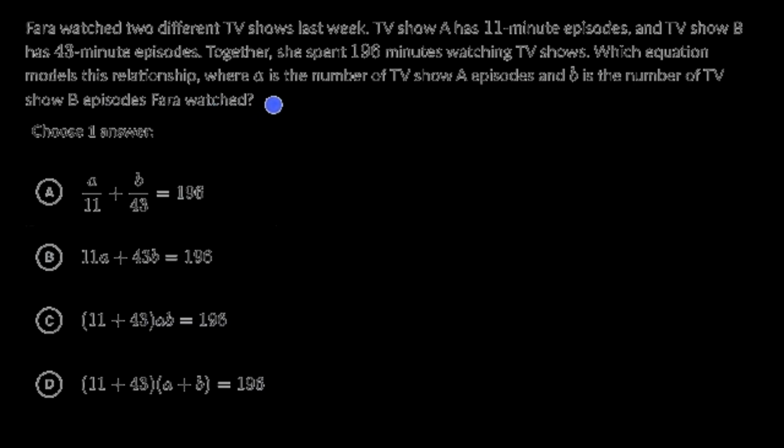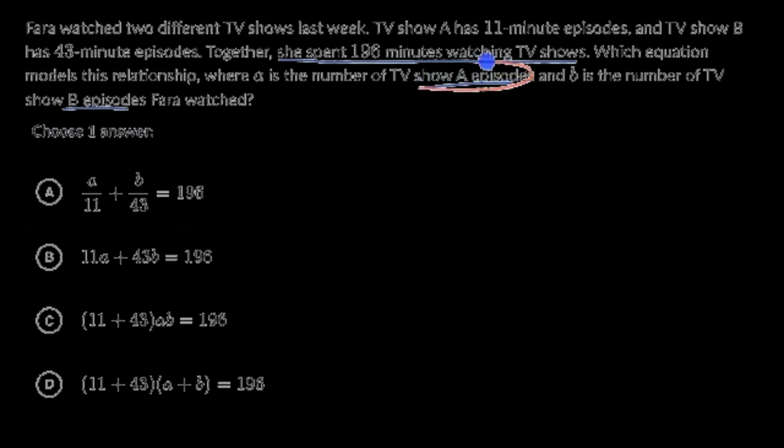All right, now let's do this together. So we know that together she spent 196 minutes watching TV shows. So what we want to do is total the amount of time she spent watching TV show A, the amount of time she spent watching TV show B, and then that should be equal to 196. And so actually let me just do TV show A in this orange color.